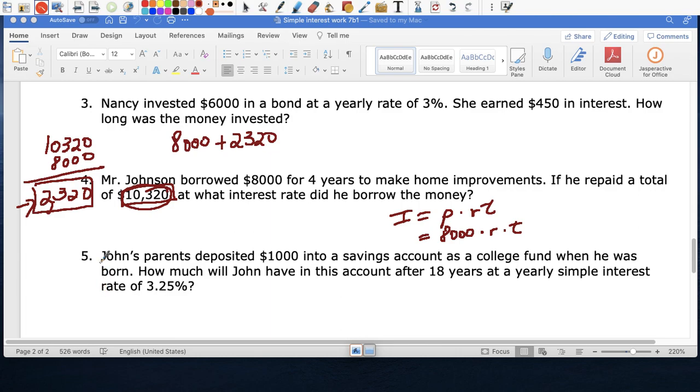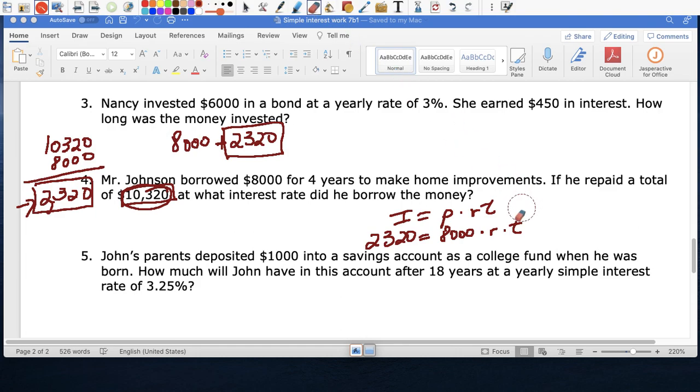So he went to the bank, asked for $8,000. The bank said yes, and you can pay us back over the next 4 years. But because you're paying back over the next 4 years, we're going to charge you a certain interest rate, and that interest rate amounted to him paying $2,320 in interest.